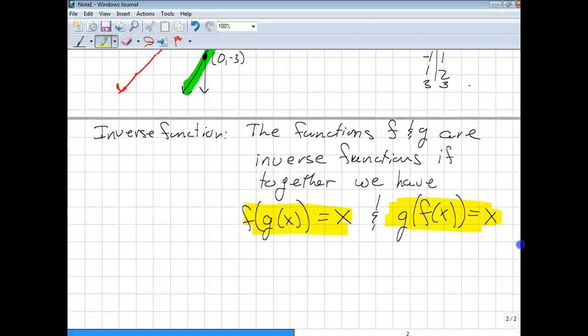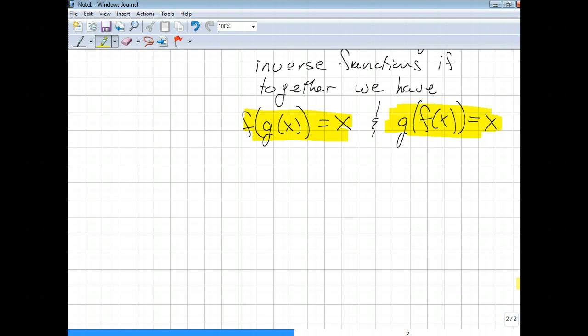Now, not all functions have inverse functions. Only those that pass what we call the horizontal line test.